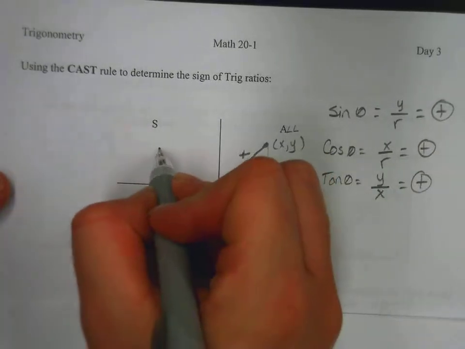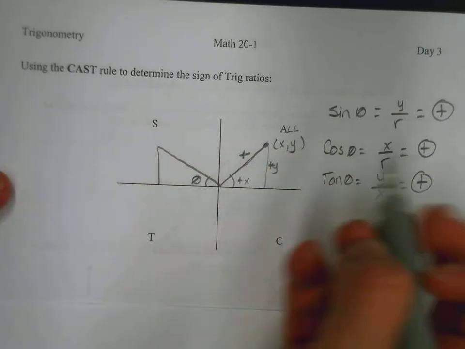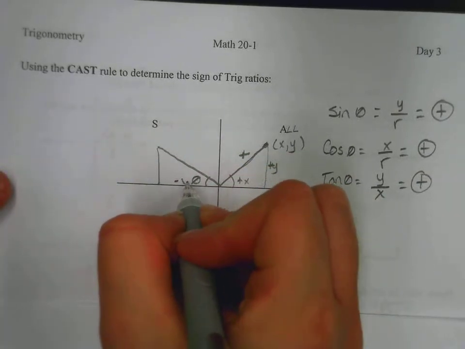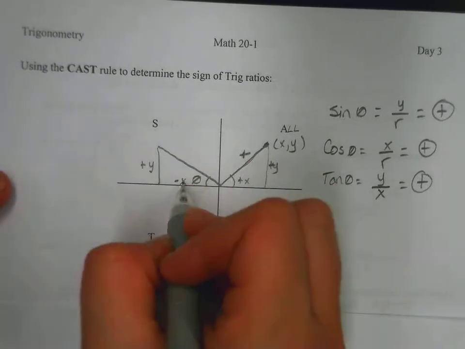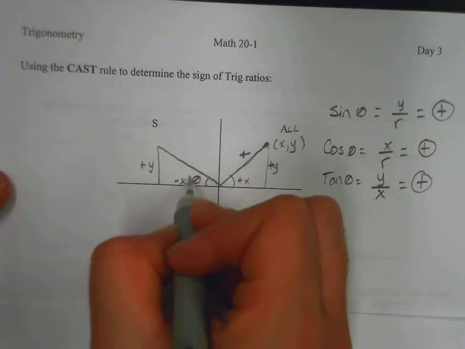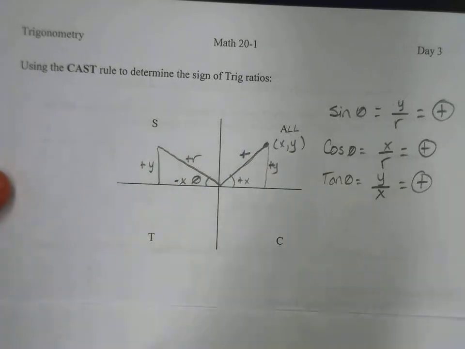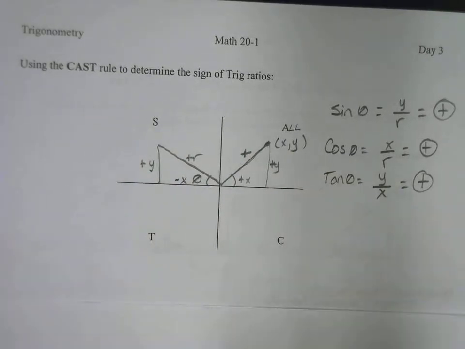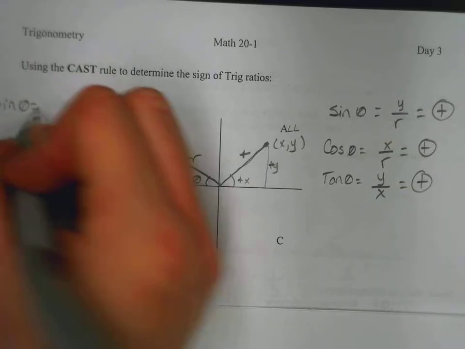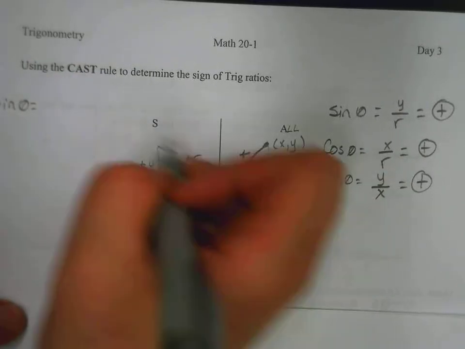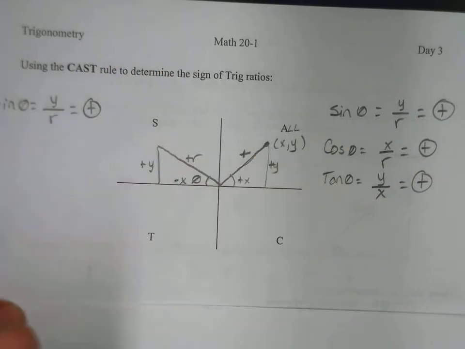In quadrant 2, if we consider the second quadrant now, my X value becomes negative, my Y value is positive, but when I use Pythagoras, whether I square a positive or a negative, my R value will still be positive. So when I consider my ratios again, my sine ratio in this quadrant would be a positive Y over a positive R, so my sine ratio ends up being positive.